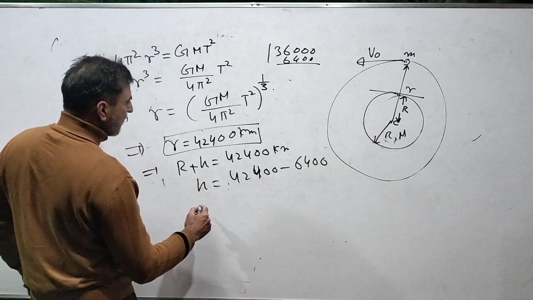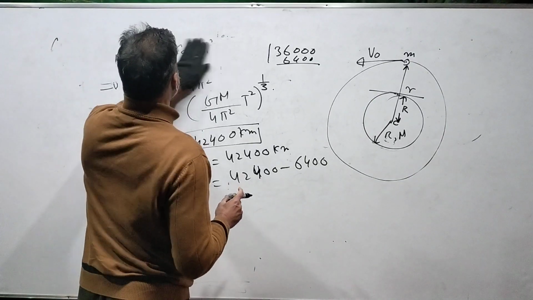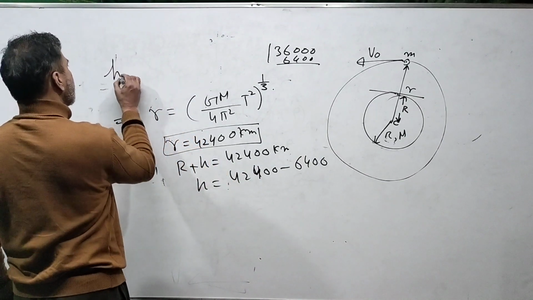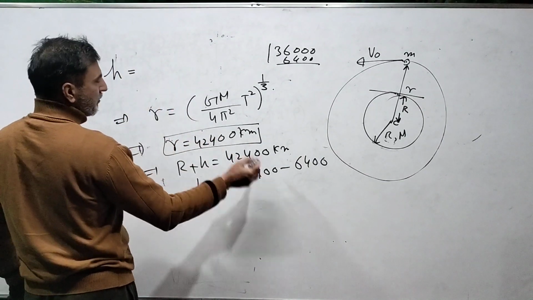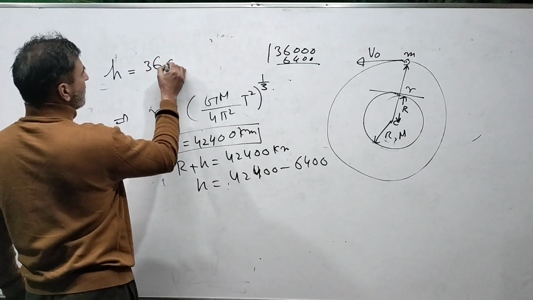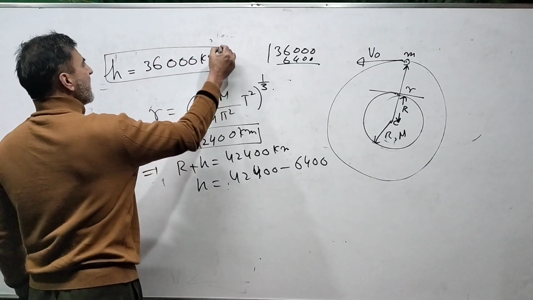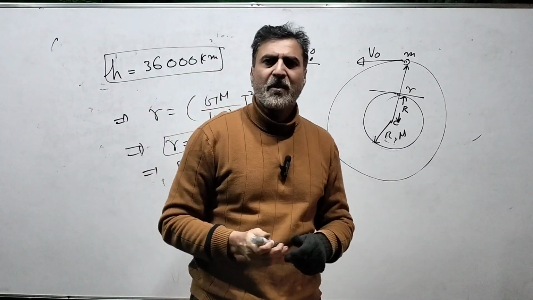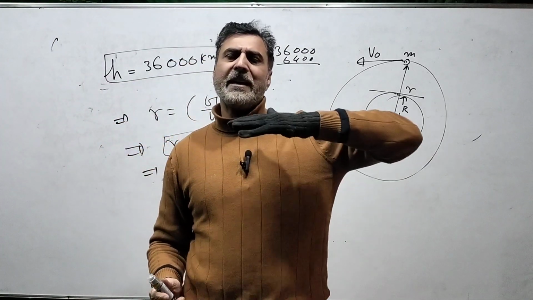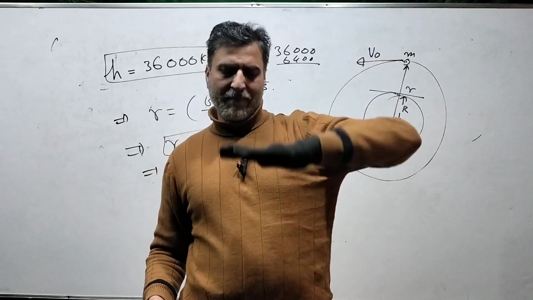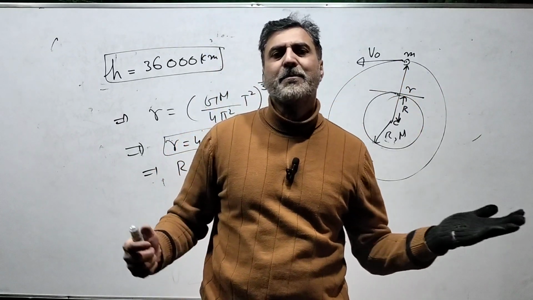So at what height should it be launched from the surface of the Earth? That is 36,000 kilometers. So all the satellites which are to be stationary with respect to Earth have to be launched at a height of 36,000 kilometers from the surface of the Earth, and then they become geostationary.